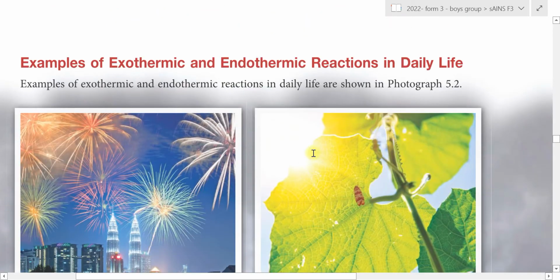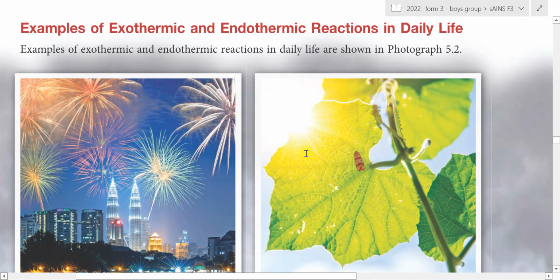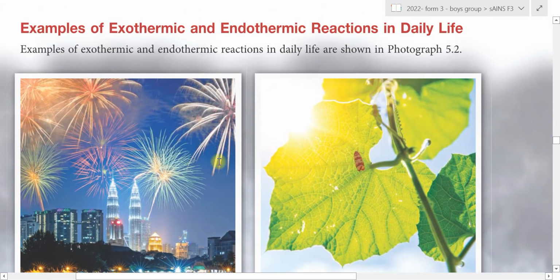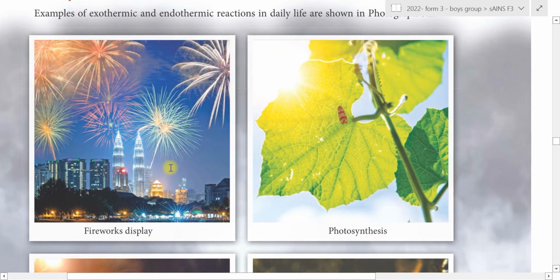Next, examples of exothermic and endothermic reactions in daily life. The first one, firework display. Any combustion, any explosion, anything burning is exothermic.